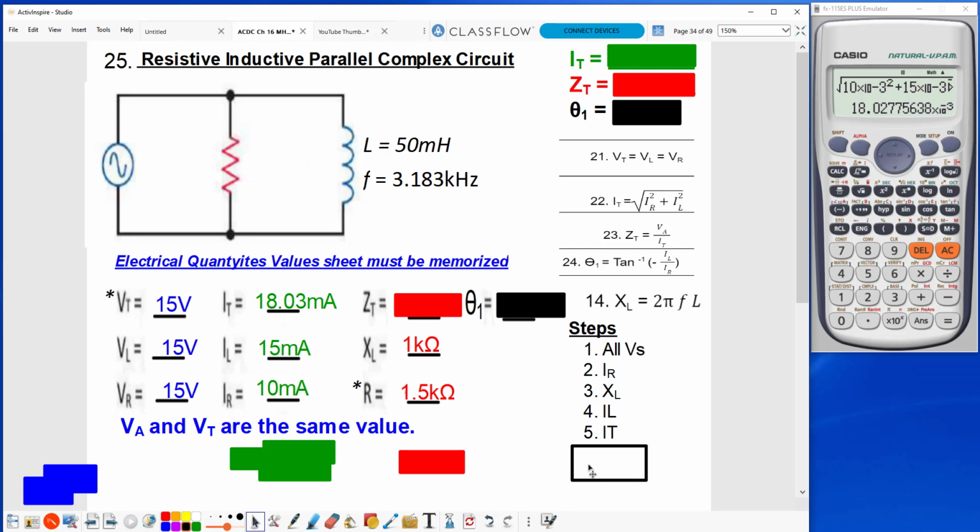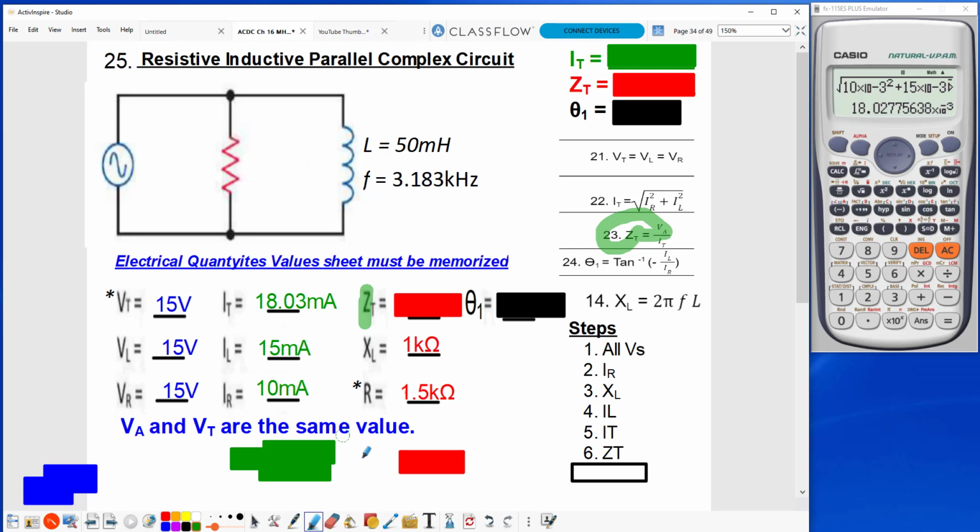All right, so my next step is to find ZT, and I'm going to use formula number 23 to do that. I have my VT and I have my IT. So if I look at formula number 23, I can go ahead and find ZT.